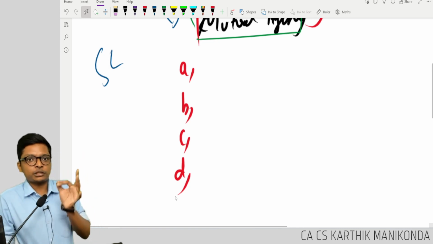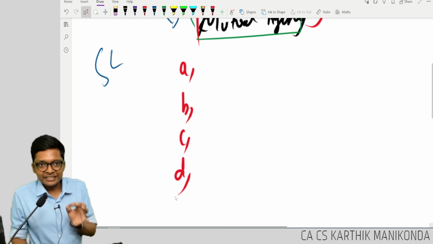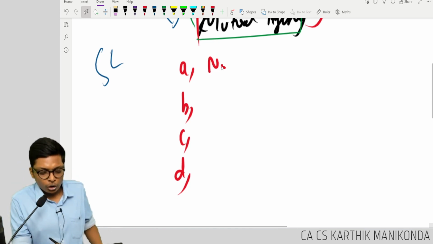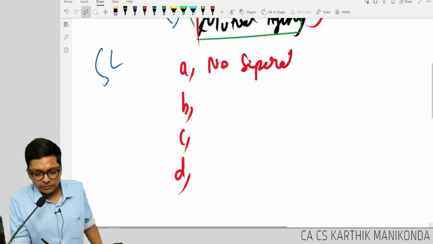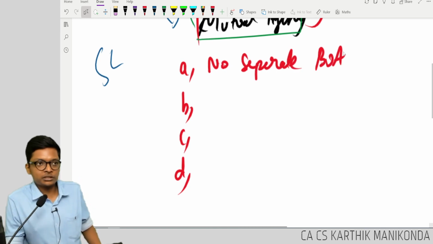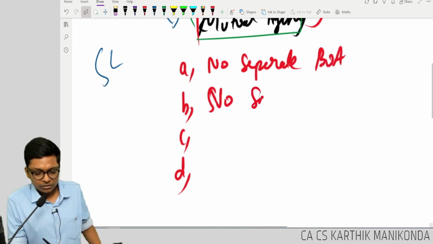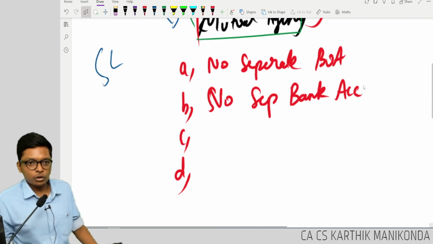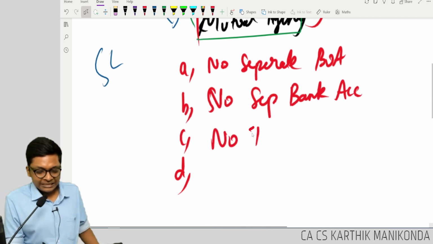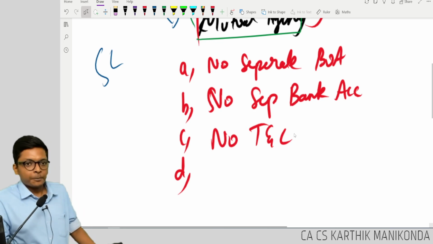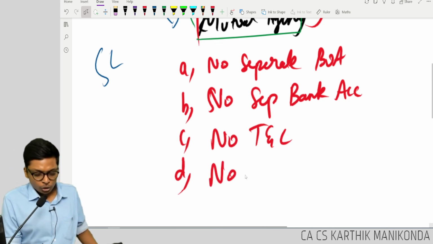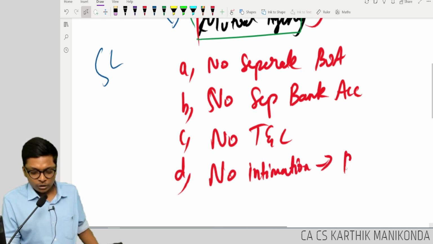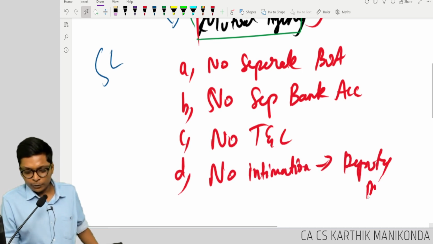Since registration is not mandatory, these 4 things they will check: no separate books of accounts, no separate bank account, no terms and conditions between partners, and no written intimation made to the deputy director.